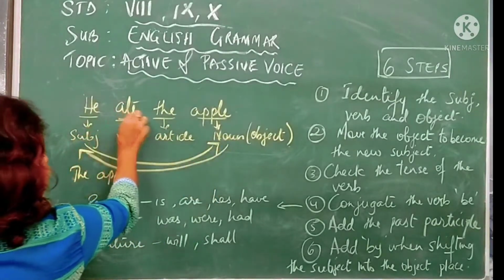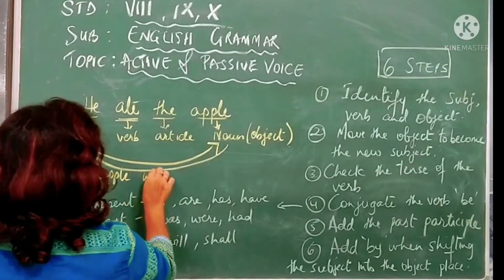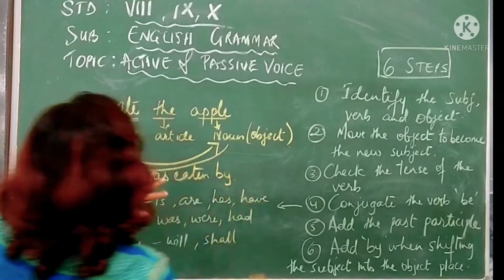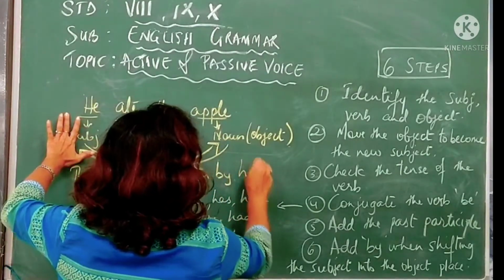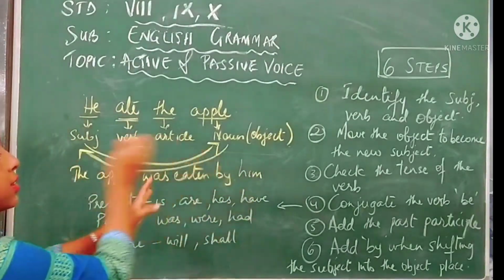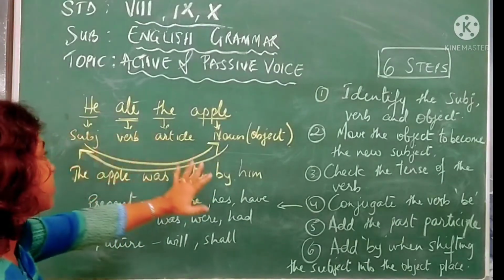Ate is in which tense? It is in the past tense. So what will I say? The apple was eaten by someone. Who ate it? He. I will not say by he, but I will use the pronoun him. So the apple was eaten by him. I have only transposed it. I have changed the object into the subject and the subject into the object.